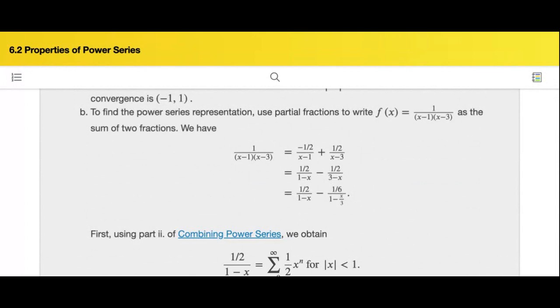Then we will get a number for A. In this case, A is -1/2, and B is +1/2. You have to go through the calculation. I was just too lazy to go through the calculation. Should we go through the calculation?